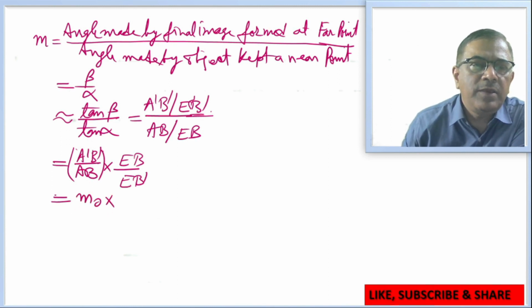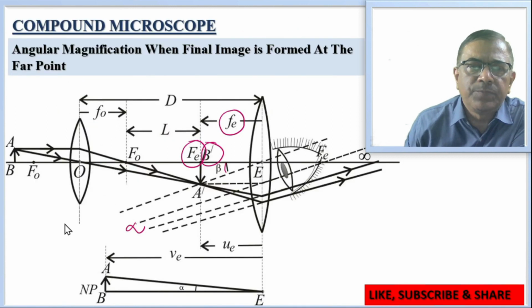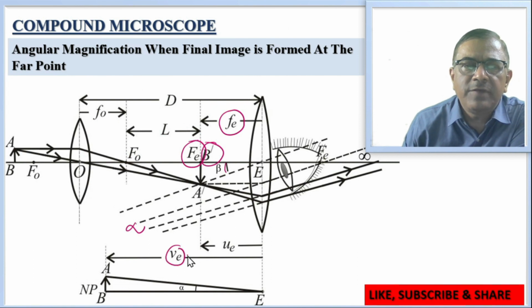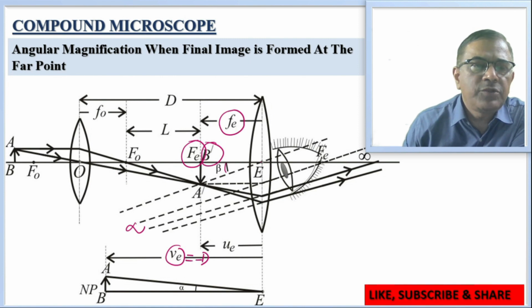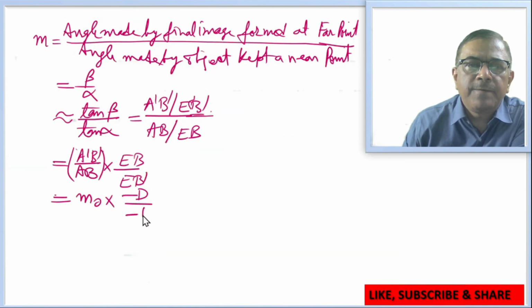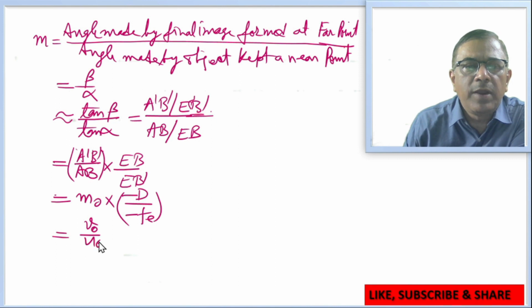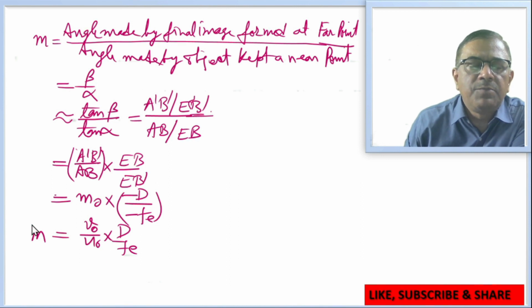Further, EB happens to be equal to V, and this is equal to minus D. D is the least distance of distinct vision, so this is minus D, and further EB dash is equal to minus Fe. And MO is always equal to VO by UO multiplied by D by Fe. Thus, the magnification should be given by this expression.